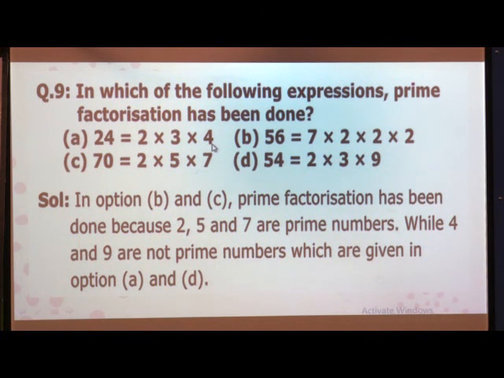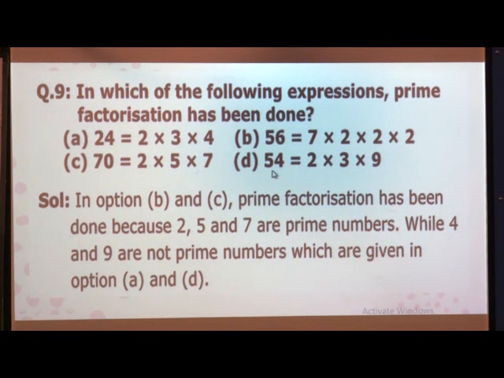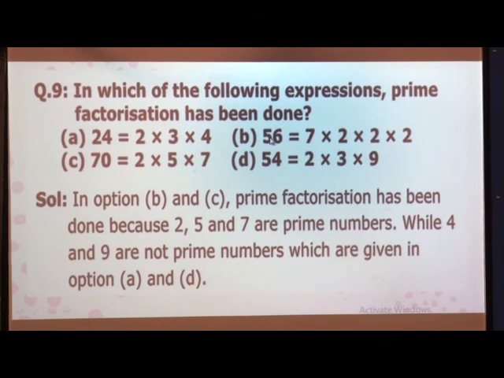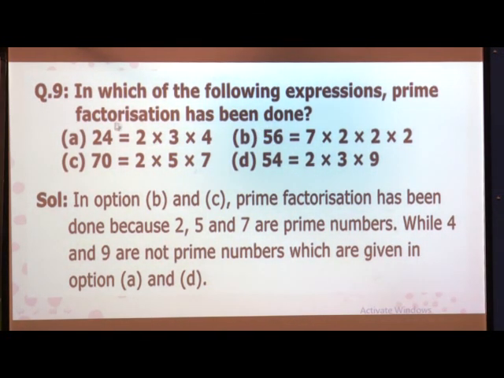In the same way, for option D, the number 9 is given, which is again not a prime number. So we have the prime factorization for only 2 numbers, 56, that is option B, and 70, option C.